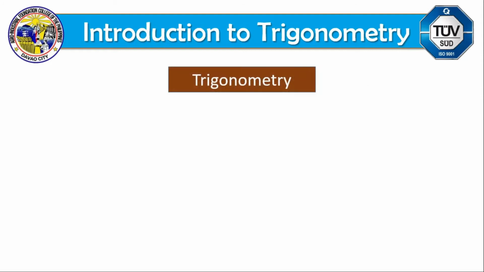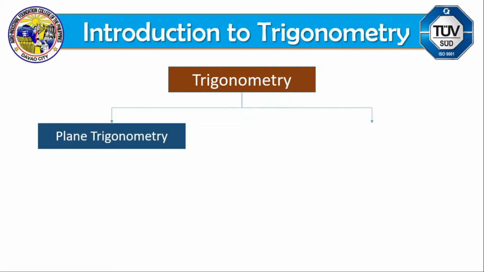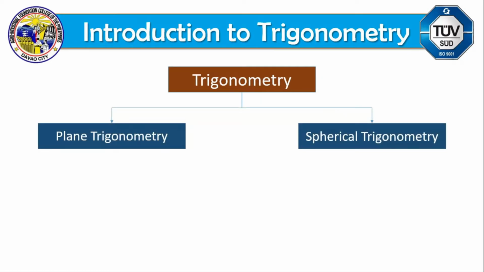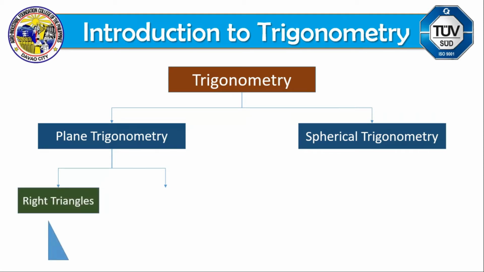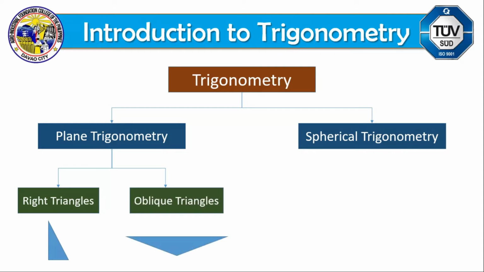Now, trigonometry is divided into two major types. We have plane trigonometry, and the second one is spherical trigonometry. Plane trigonometry also has two branches: one involving right triangles, and the second one about oblique triangles or obtuse triangles.